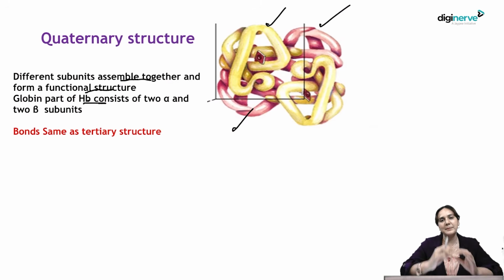So if we summarize, the primary structure is the linear arrangement of amino acids and the bonds are peptide bonds. Secondary structure is coiling of the primary structure into either alpha helix or beta pleated sheets, and the bonds are mainly hydrogen bonding, inter and intramolecular, along with disulfide bonds.